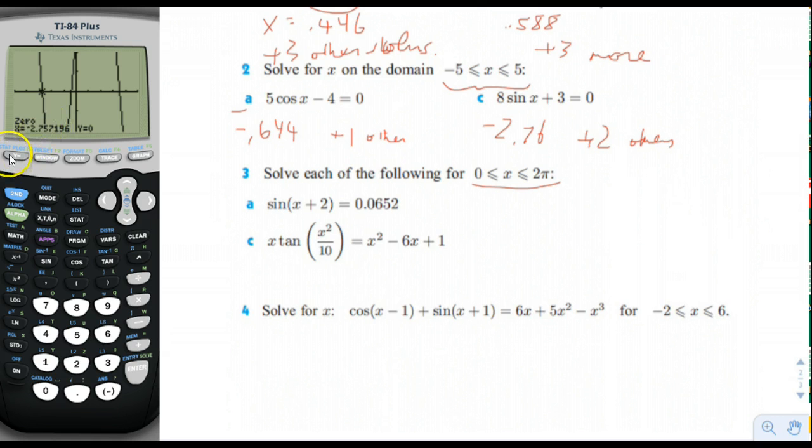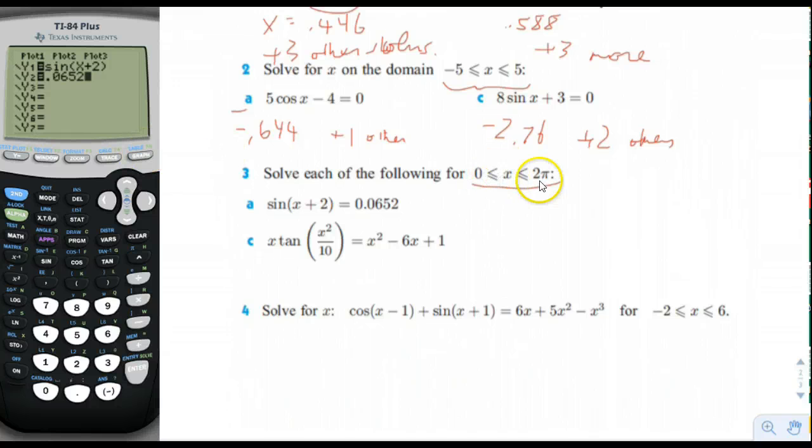So what you're going to do here is you're going to go to y equals, and you'll say sine of x plus 2 equals, and then we don't care what it equals yet, because what we're going to do is put in a second function, and we're going to put 0.0652. Now we say, okay, when are these two equal?